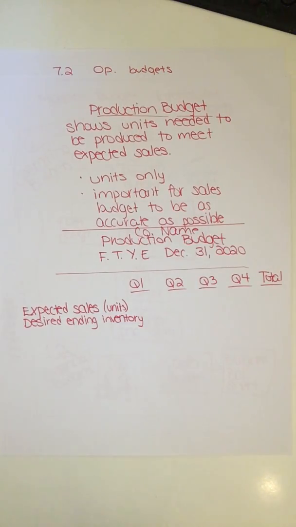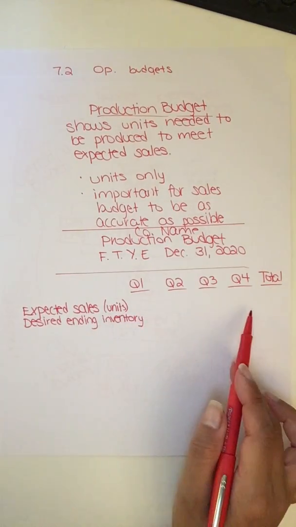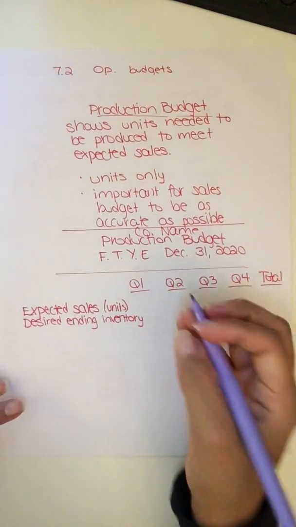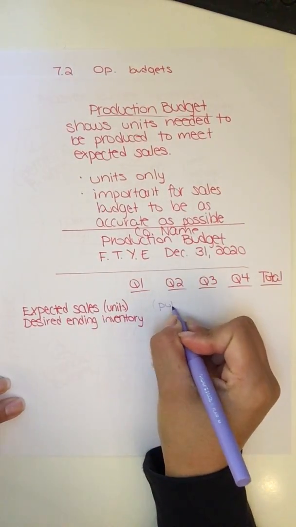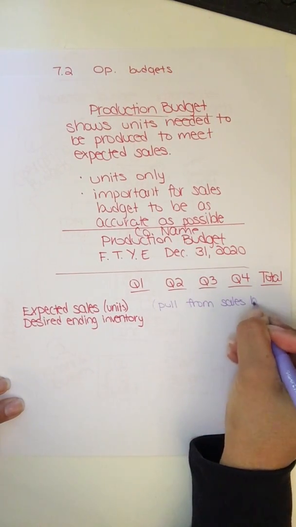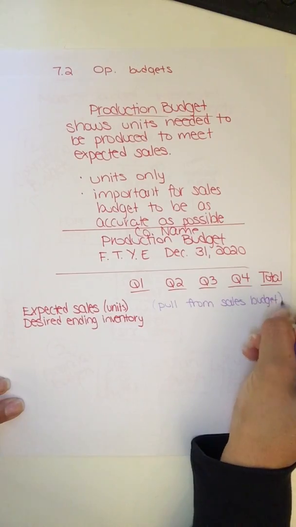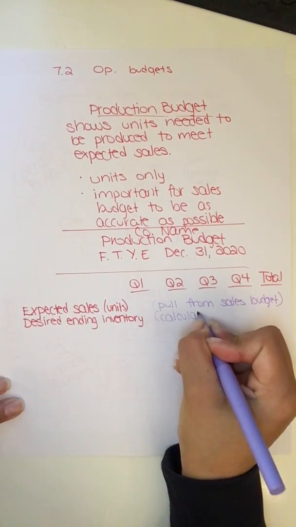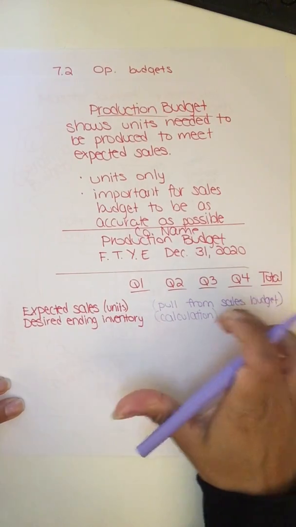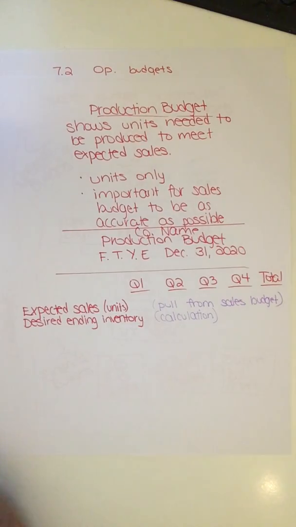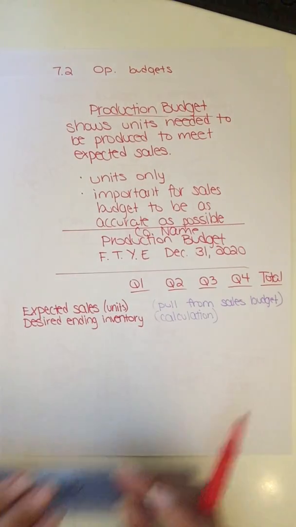So the first row is expected sales, which we pull from the sales budget. And so maybe I'll write that in purple. Expected sales, pull from sales budget. Desired inventory, usually you have to calculate. Calculation. So in purple, it's just letting you know tips for getting these amounts. Alrighty. Then we're going to do a subtotal.